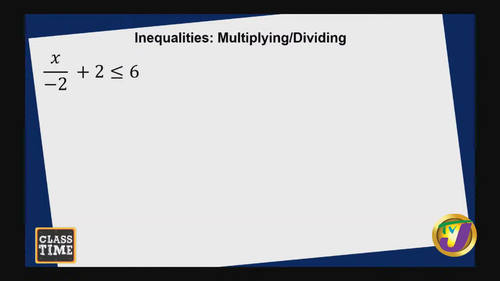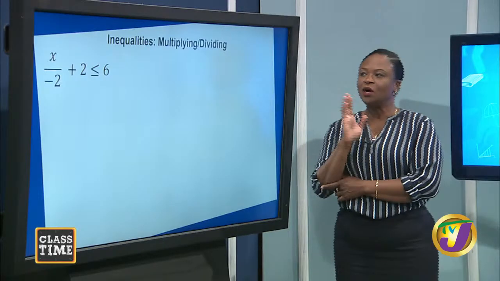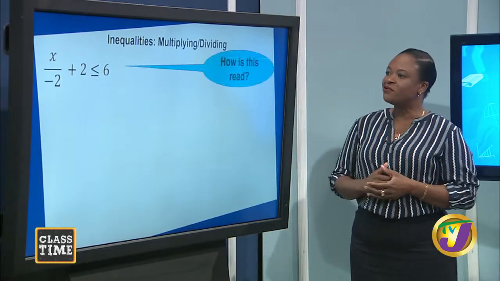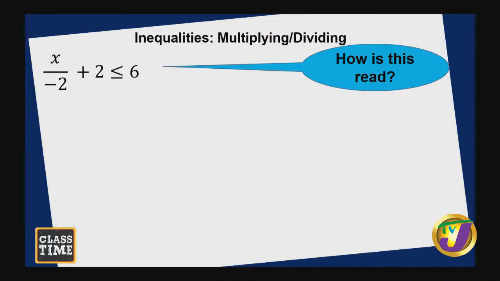We're still, in this case, I want us to look at what is here. How is it read? X divided by negative 2 is added to 2 is less than or equal to 6. I'm seeing addition here, but it says multiplication or divide.